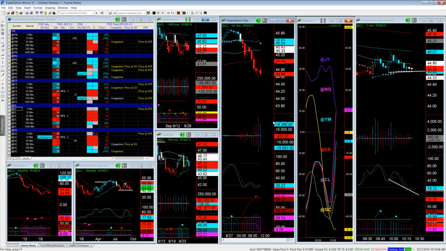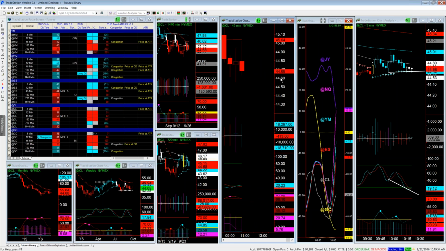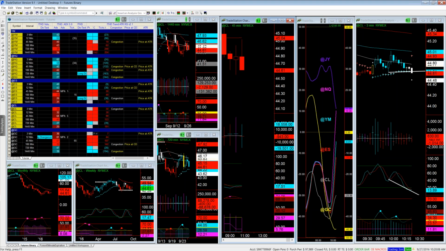Sellers stepped in and they took control. That's what that bar is telling you. Okay? You see the little hash mark? It's below 0. There's your problem. You're going long when sellers are stepping in to take the market down. Does that make sense?